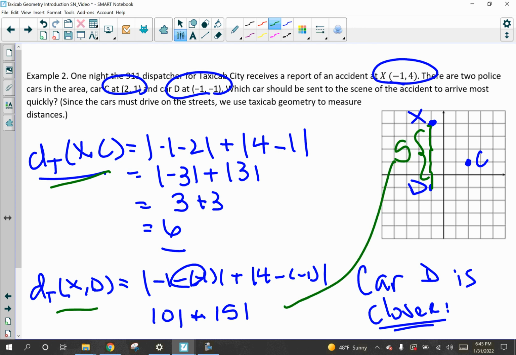And from X to C, you have 1, 2, 3, so this is 3 units, then 4, 5, 6, this is another 3 units. If you add them together, you get 6, which is what we got before. So there are 2 ways to get the same answer.